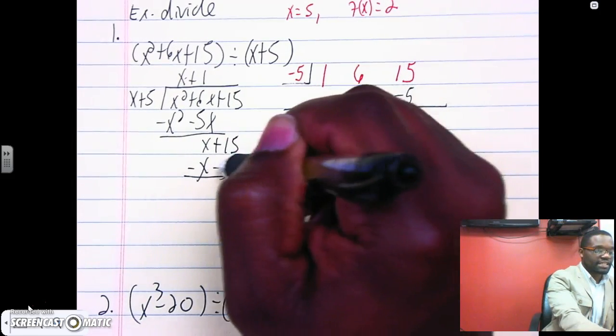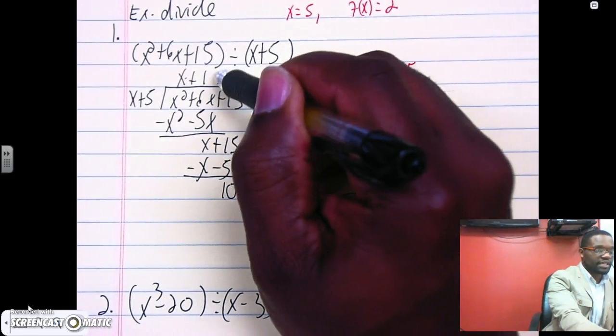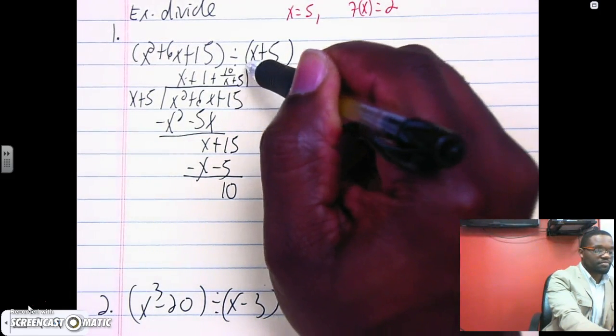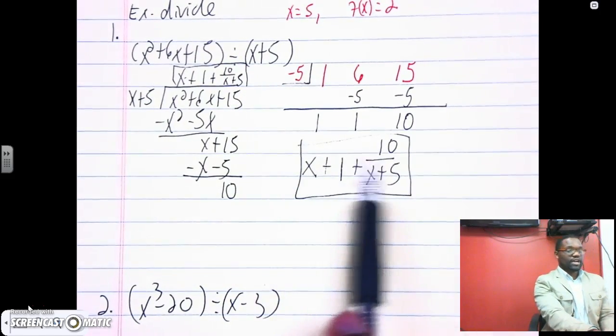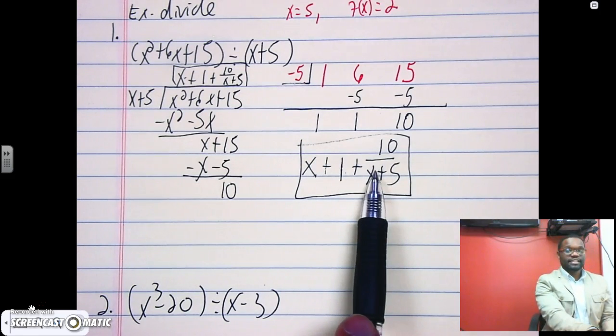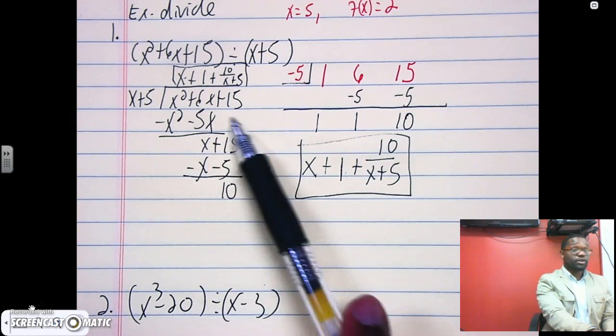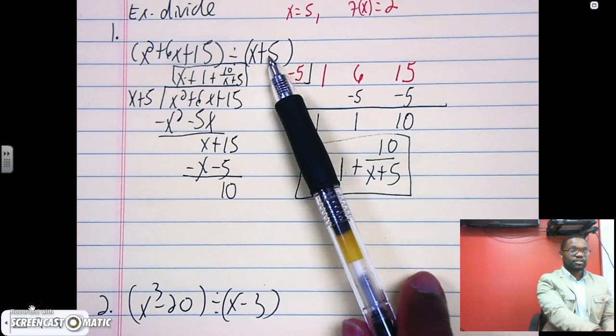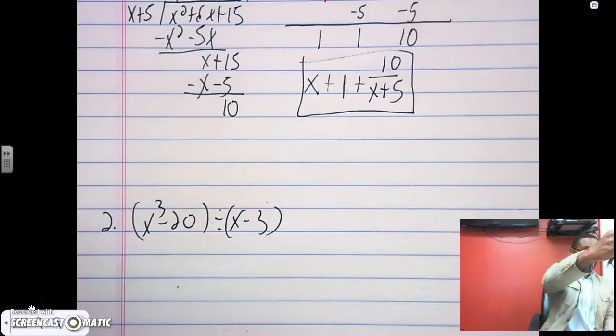Draw your line, change your signs, and look, you get the same thing if you do long division. But look how little work I had to do, how much less writing I had to do here. So you get the same answer. You can always do long division, but synthetic division is a shorter way if your problems look like this. Let's look at number 2.